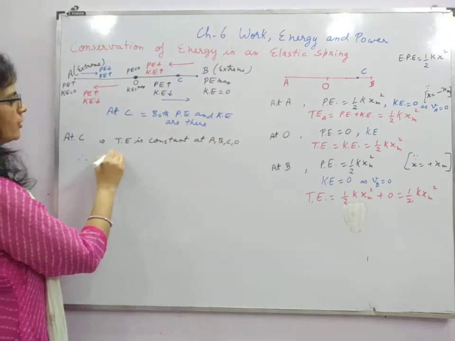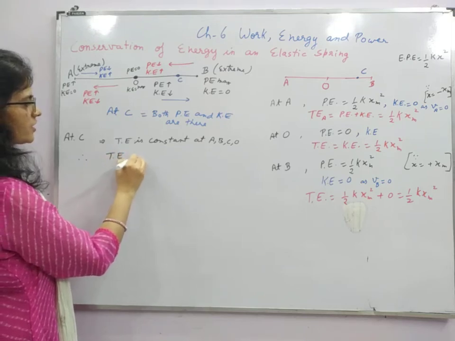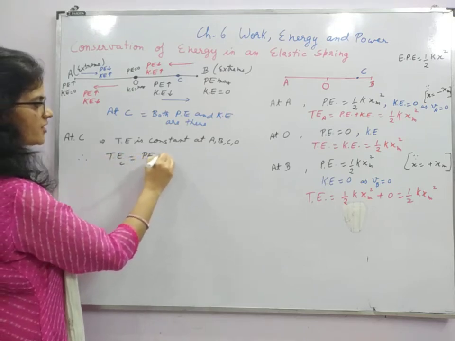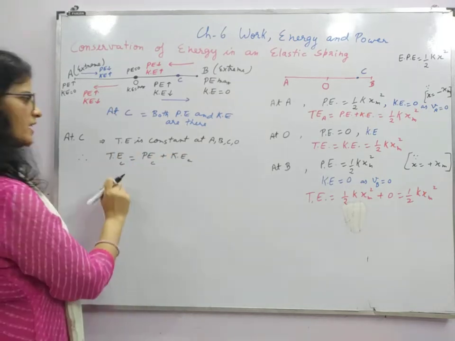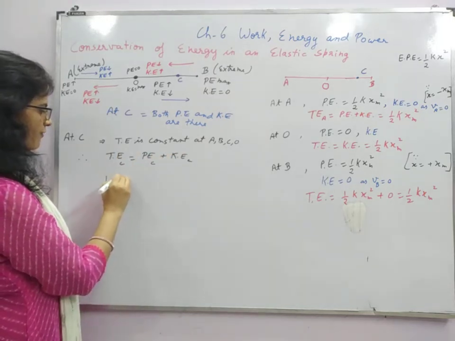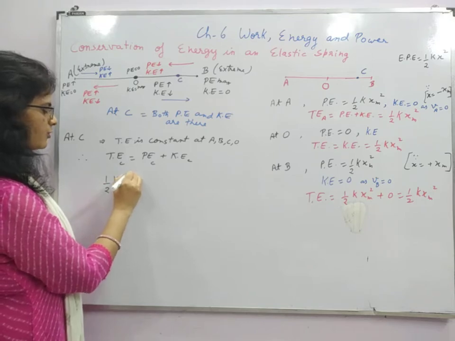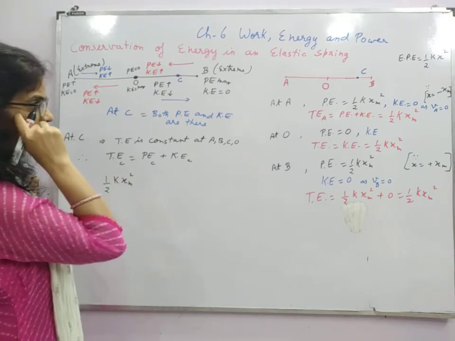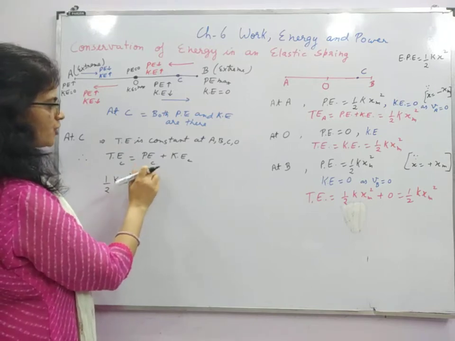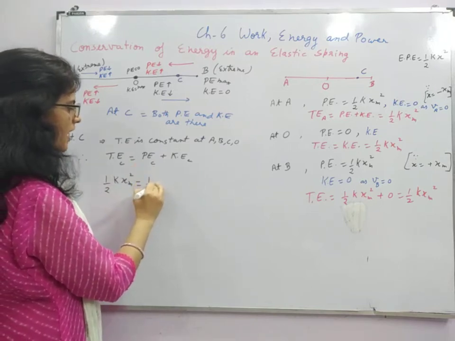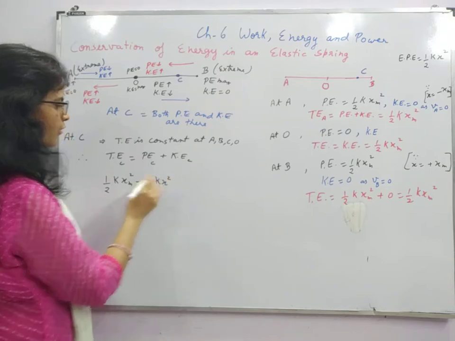Therefore, total energy at C is equal to potential energy at C plus kinetic energy at C. So total energy at C will always be half k xm square. This is the total energy, as we have just seen. This is equal to potential energy at C, which will be half k x square.